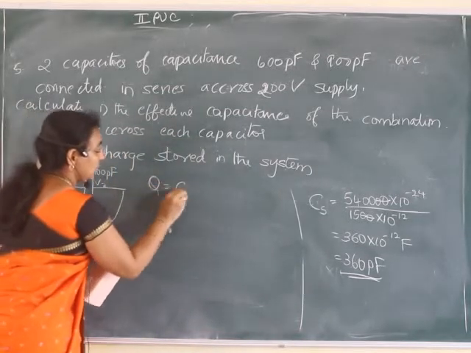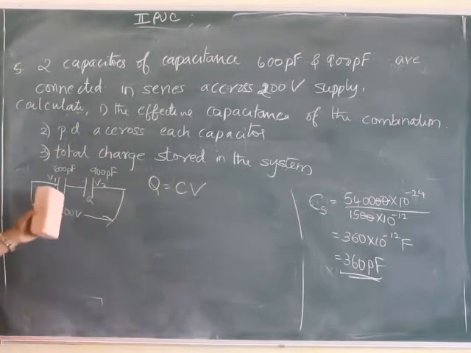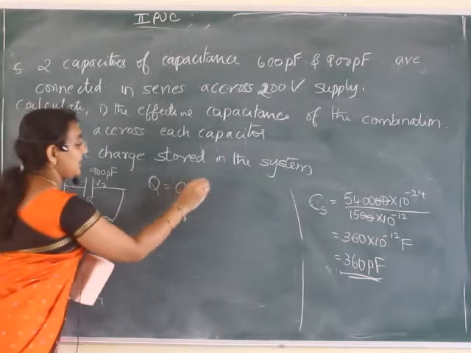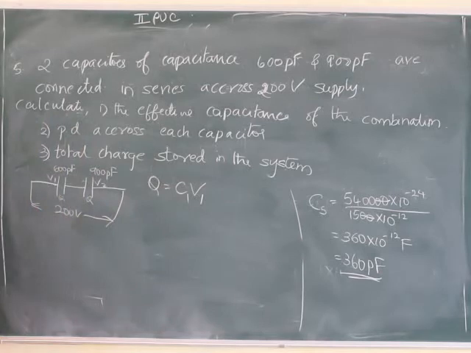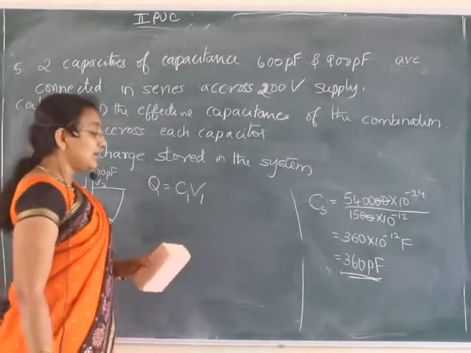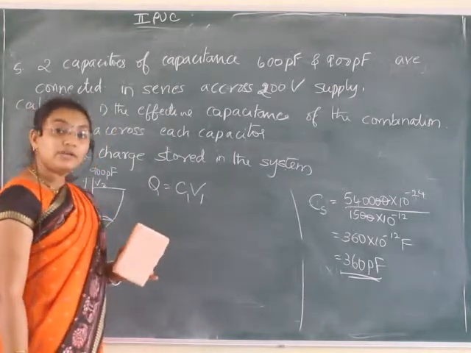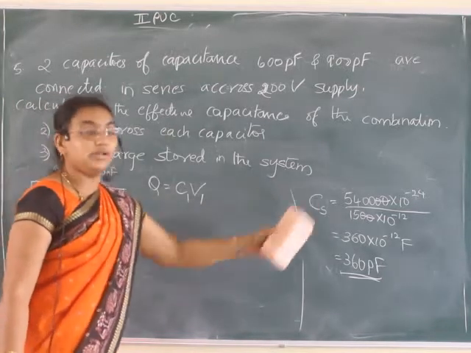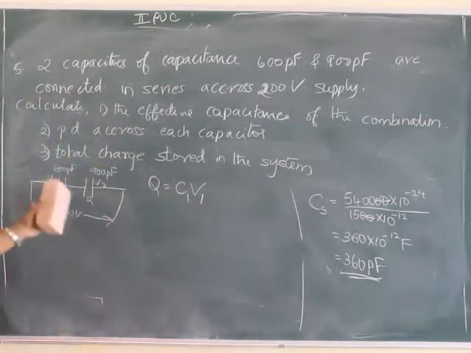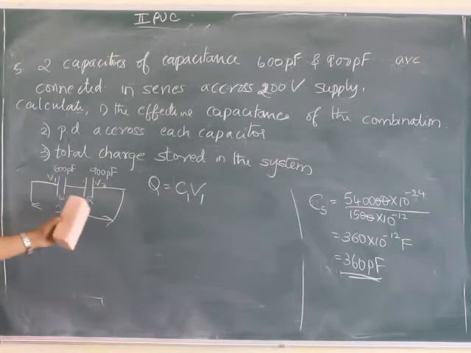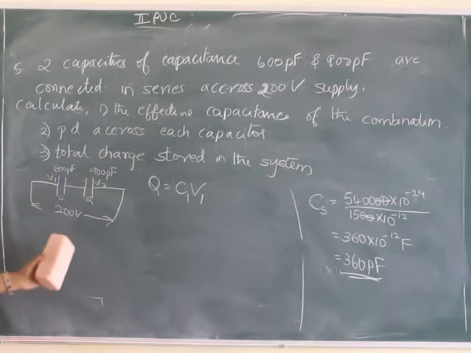Q is equal to CV, correct? So Q is equal to C1 V1, so V1 is equal to Q by C1. What is the value of Q? We don't know the value of Q. How can we calculate Q? We know Cs, the total capacitance, and we know the total supply voltage.